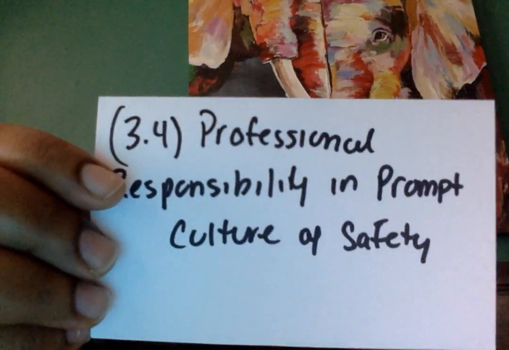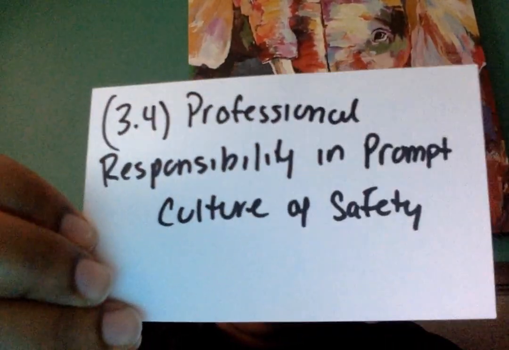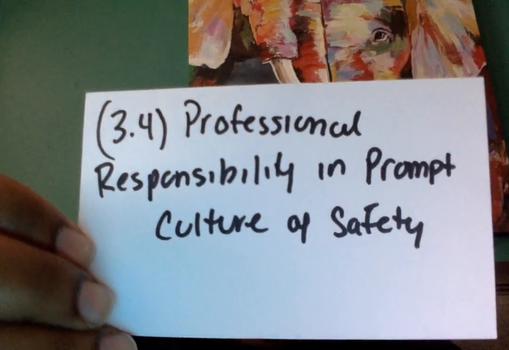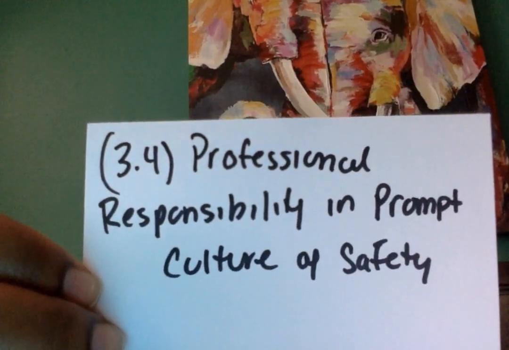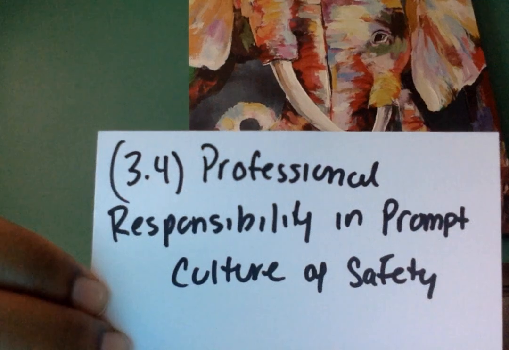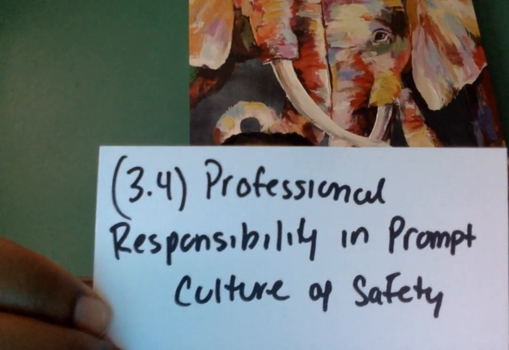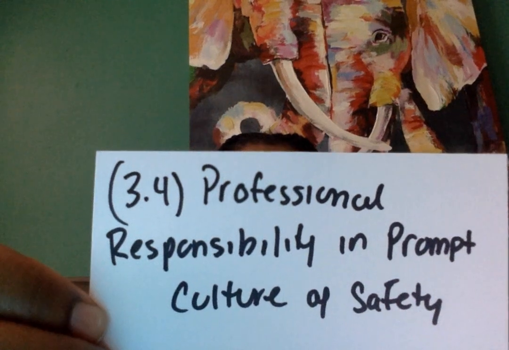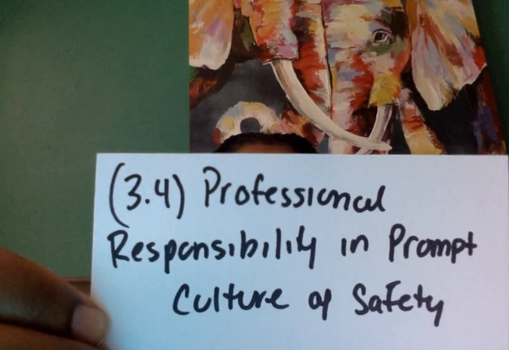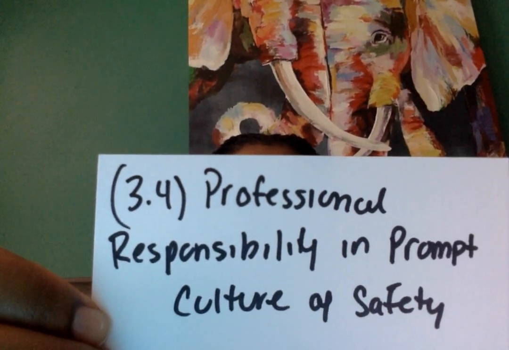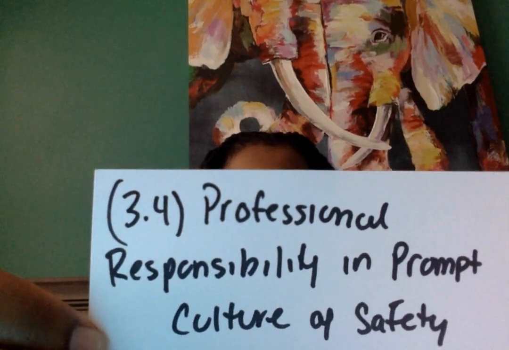Next, we will move to section 3.4, which is professional responsibility and promoting a culture of safety. This states that for near misses and errors that occur, nurses must follow institutional guidelines and report such events to the appropriate authorities to ensure responsible disclosure of errors to patients.